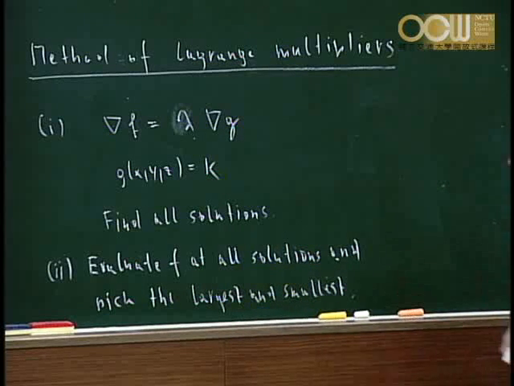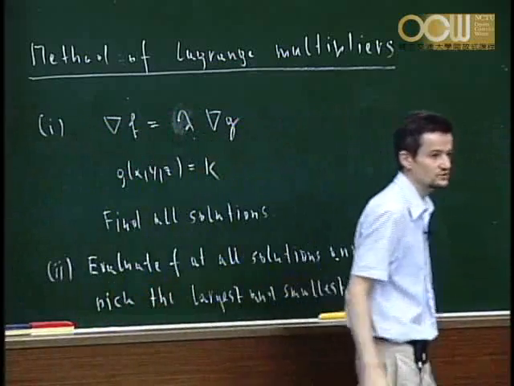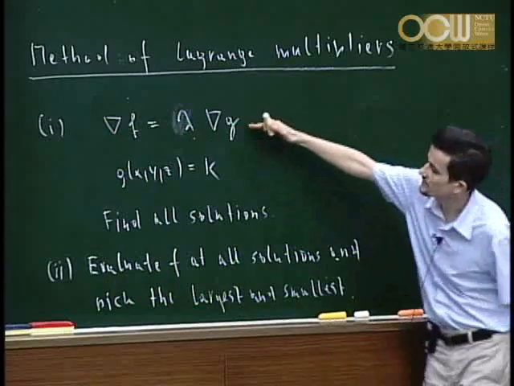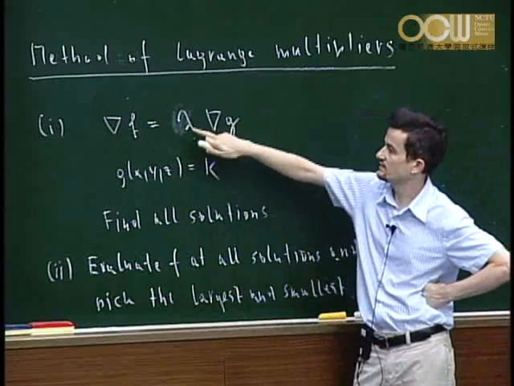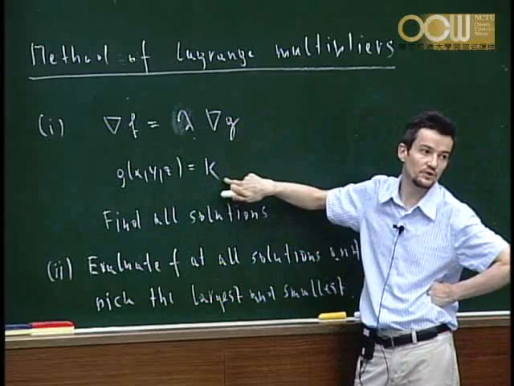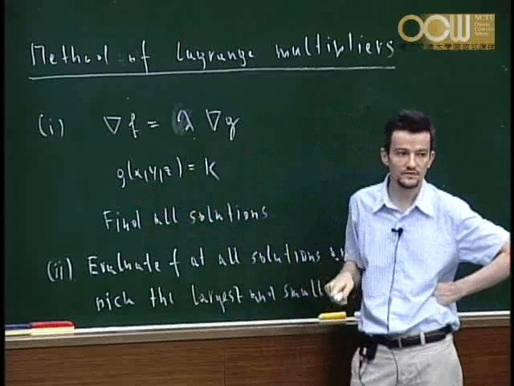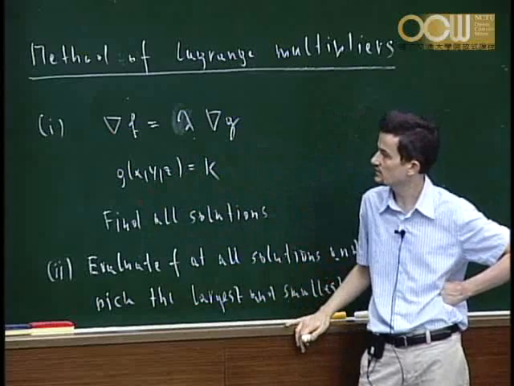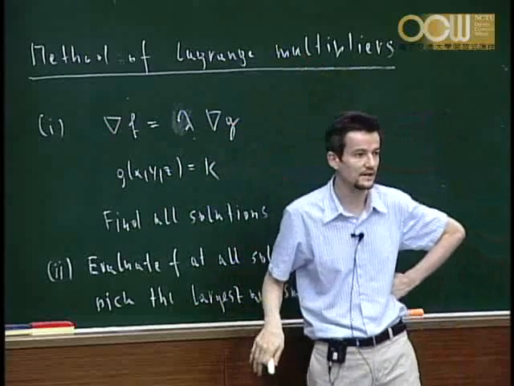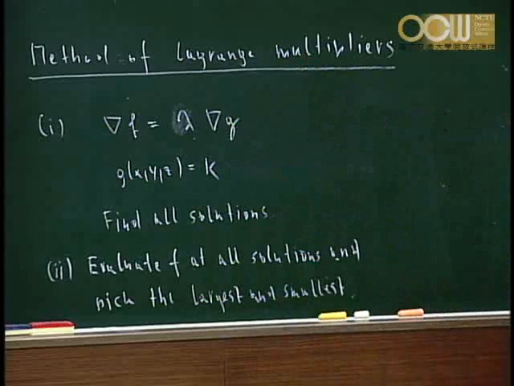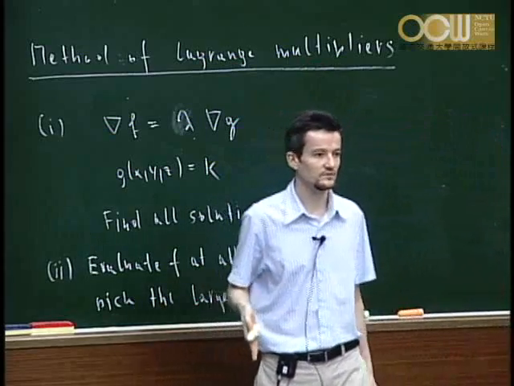And you have to notice, because we are talking now about the case of functions of 3 variables, this is a vector with 3 coordinates, so this gives you 3 equations, and here you have a 4th one, and you have 4 unknowns, x, y, z, and lambda. The lambda is called the Lagrange multiplier. That's why the method is called the method of Lagrange multipliers. And there is a similar method for functions of 2 variables.